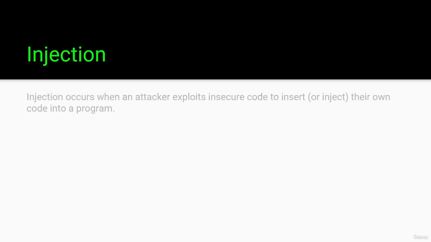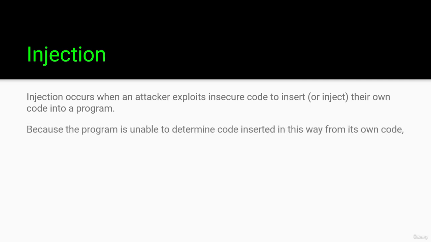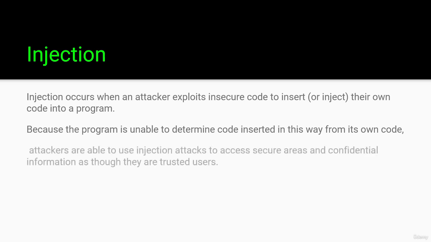So the injection. Injection occurs when an attacker exploits insecure code to insert or inject their own code into the program. Because the program is unable to determine code inserted in this way from its own code, attackers are able to use injection attacks to access secure areas and confidential information as though they are trusted users.